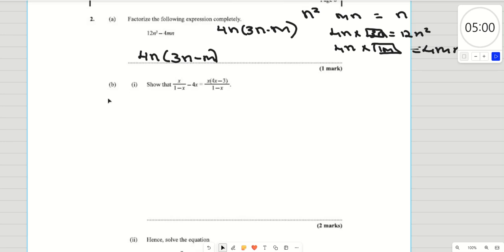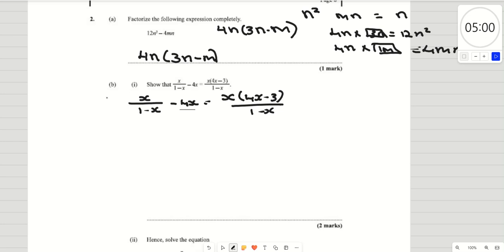Let's do part B. So they said show that x over 1 minus x minus 4x is equal to x, open bracket, 4x minus 3, close bracket, all over 1 minus x. What we first recognize is they have the same denominator.